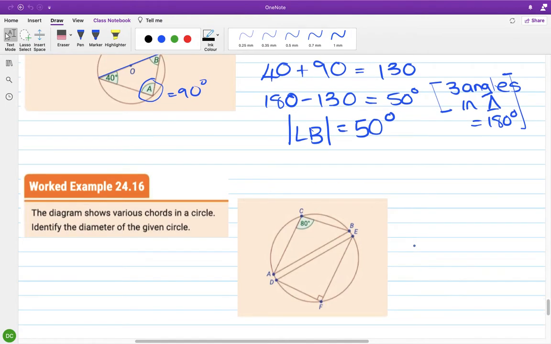The diagram shows various chords in a circle. Identify the diameter of the given circle. Okay, so there's loads of lines. So there's the line AC, there's the line BC, there's the line AB, there's DE, EF, and there's DF.